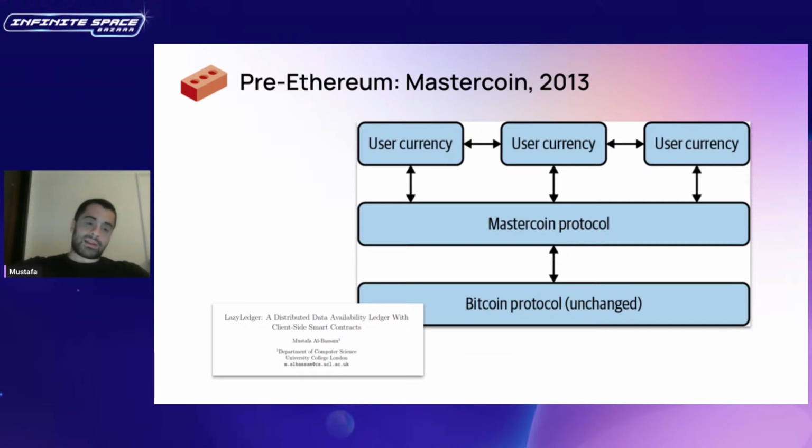And what Mastercoin basically does is allow you to create other chains or other protocols on Bitcoin that use Bitcoin as a data layer by embedding data in Bitcoin transactions. By embedding data in Bitcoin transactions, you're only using Bitcoin as a data layer to order and make available those transactions, but the execution of those transactions is happening off chain.